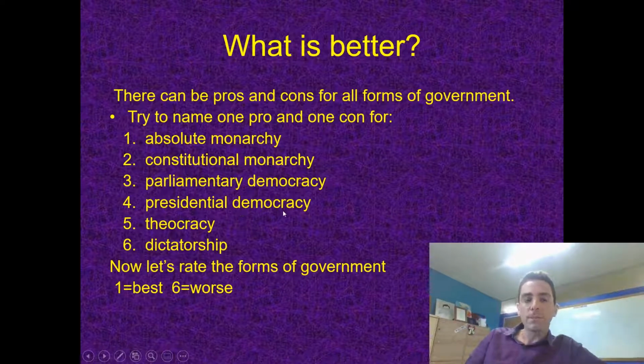Presidential democracy. Okay, so like in the US, pros of this are that the president himself can check laws, he can veto laws and send them back to Congress. So that's a good thing. Sometimes laws might be passed and he gets the final say on if it should go through or not.